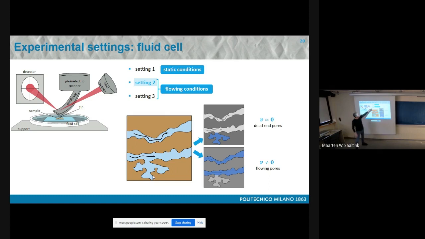Okay. And I'm going to show you some results related to this particular setting, and simply at the end of the seminar, at the end of the talk, just how we are calibrating the second setting to start with the next phase of the experiments.